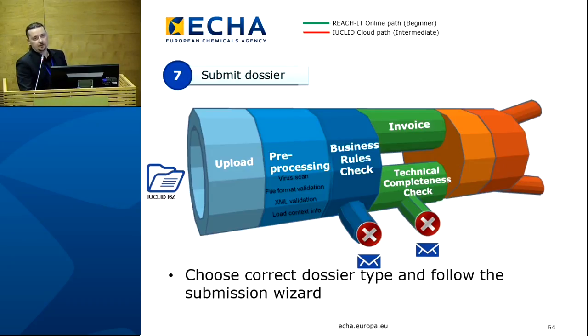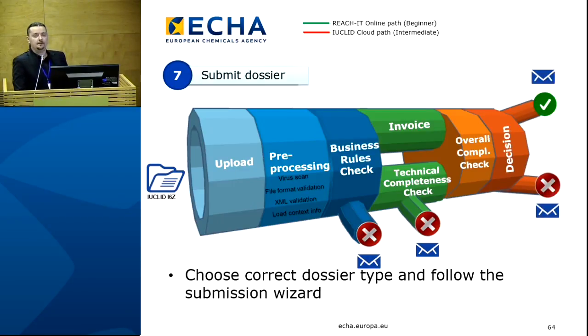This red X means that you fail, and if you fail, you're going to be notified for it. So in the invoice part, of course, you will be receiving an invoice. And from the technical completeness check, if you fail it, you get a notification that you failed, but if everything is fine, you come to the overall completeness check. Of course, the payment of the invoice takes quite some time, but when that's done, that's there.